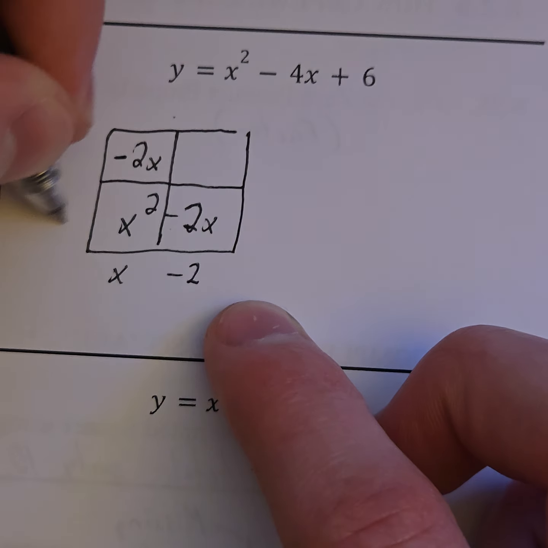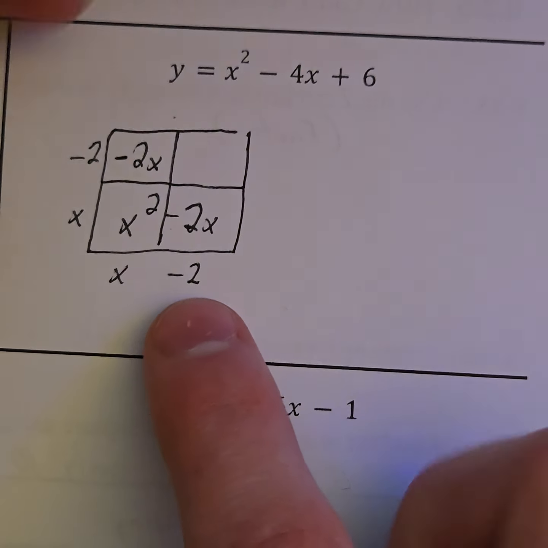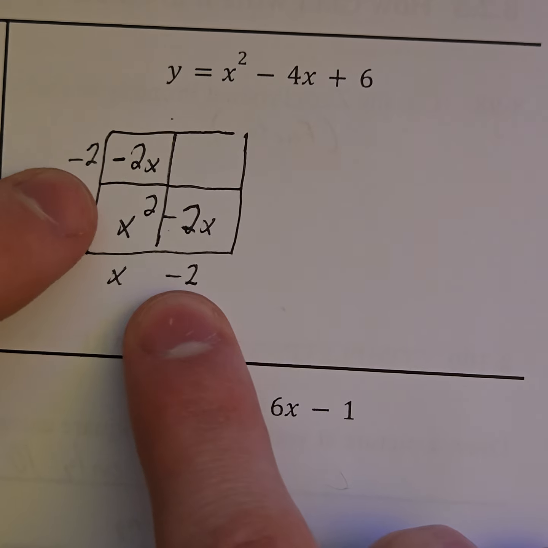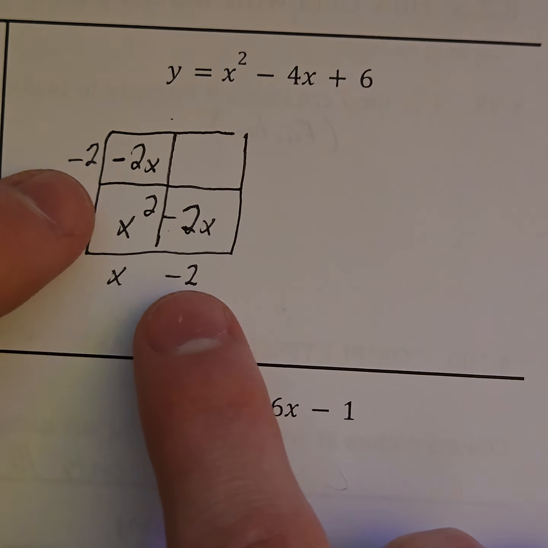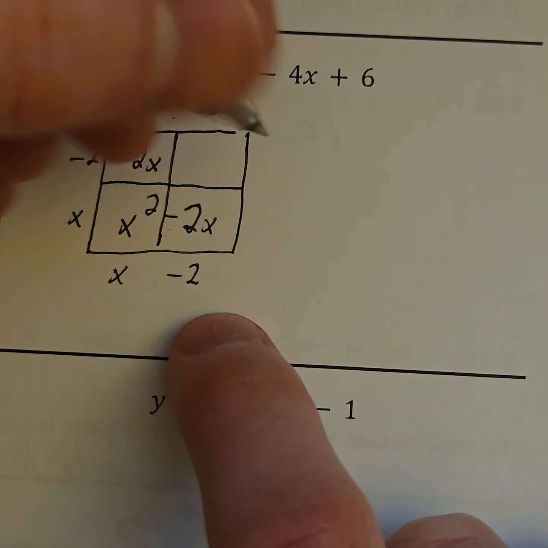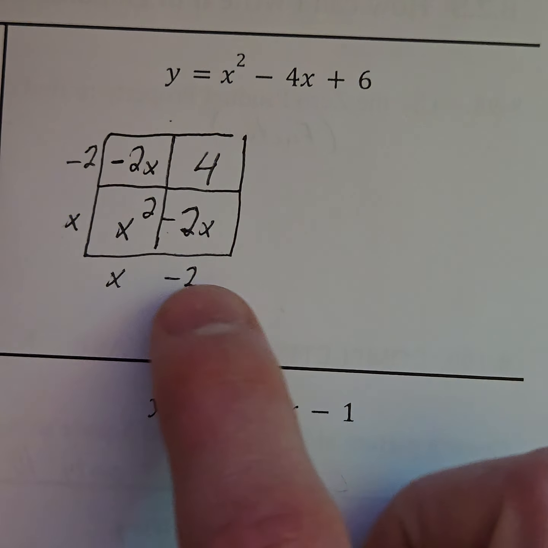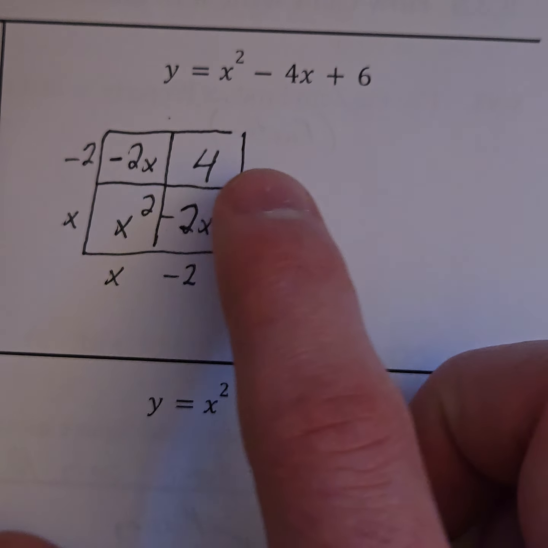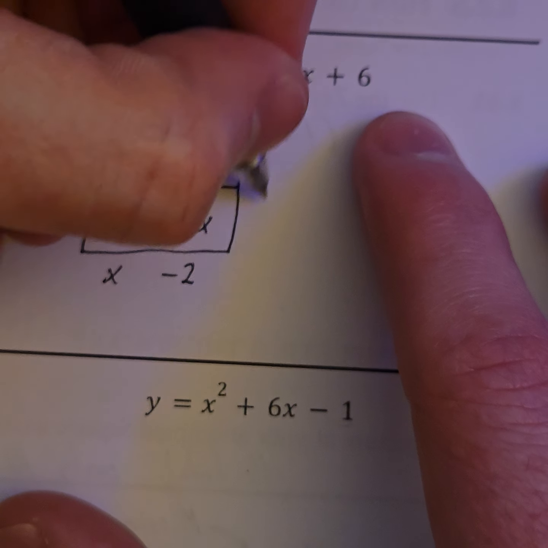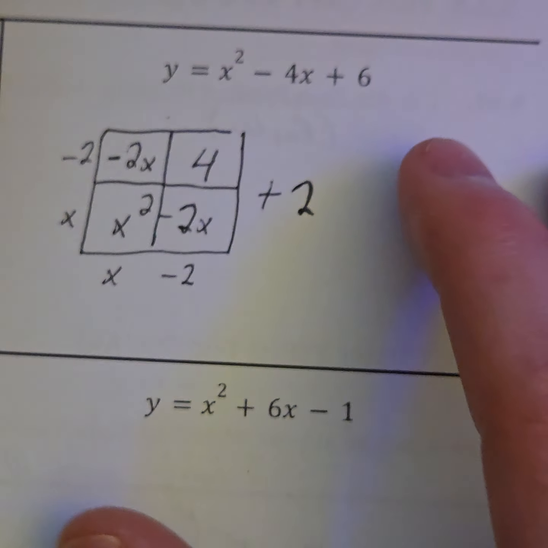So x minus 2, that's our square. And now -2 times a -2, careful with this, negative times a negative makes a +4. You're multiplying here, you're not adding, multiplying. So -2 times -2 is +4. I need to get up to 6, so I need to add 2 more.